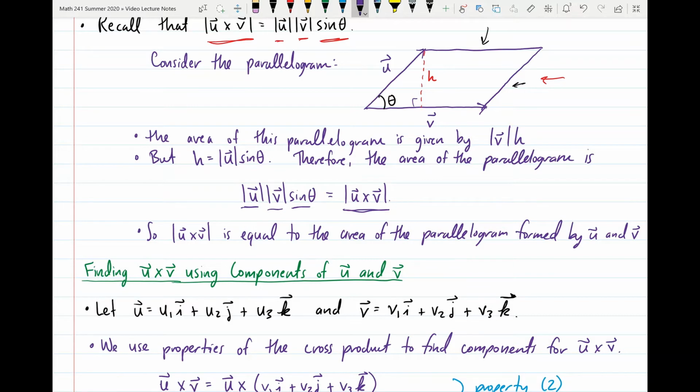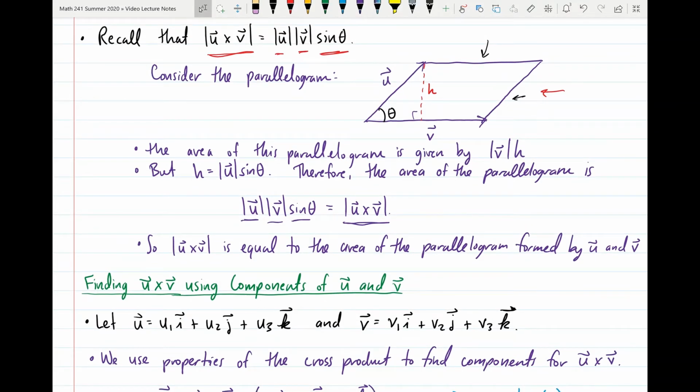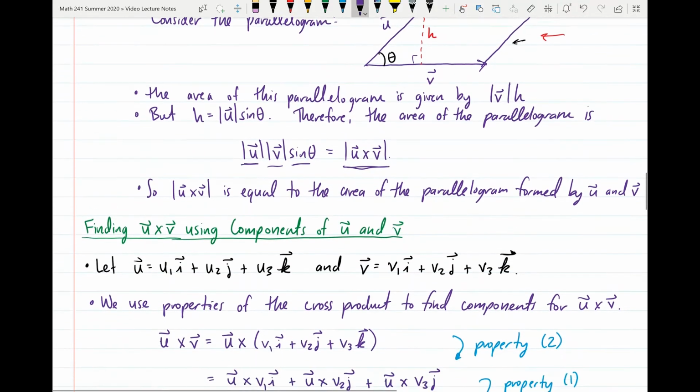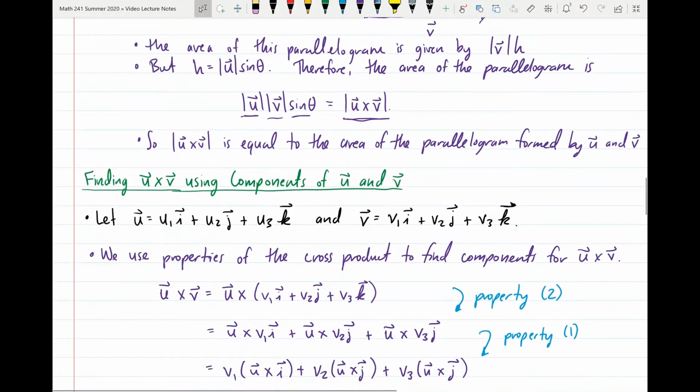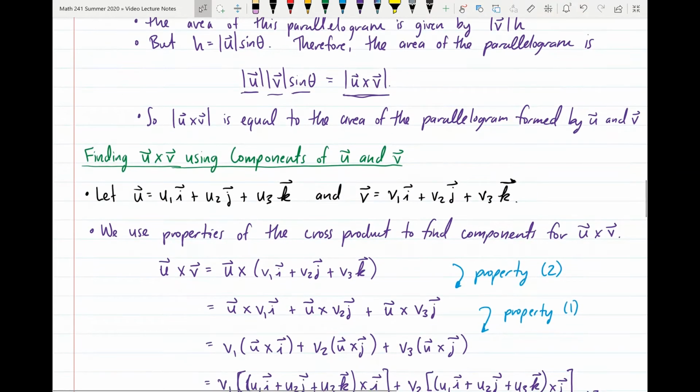So what this tells us is that the magnitude of the cross product of u and v is equal to the area of the parallelogram that's formed by u and v. So that's a little bit of a geometric interpretation of what's going on with the cross product, at least where we're getting the magnitude of the cross product.